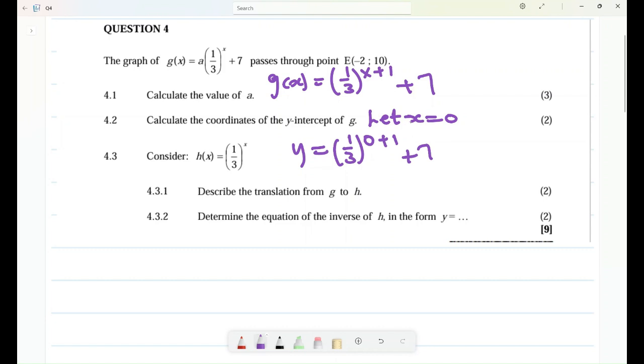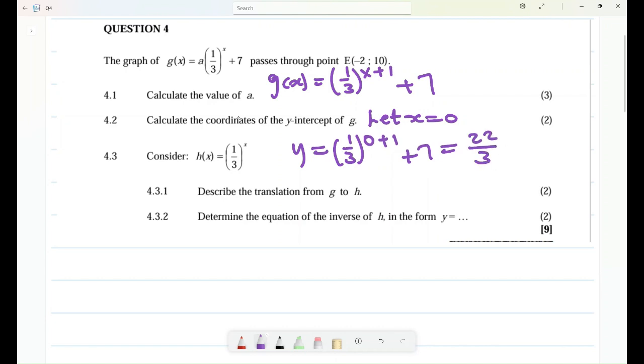When I punch that into my calculator, I think 22 divided by 3, but let's check. Plus 7, yes, I think 22 divided by 3. So you get your answer as 22 divided by 3.